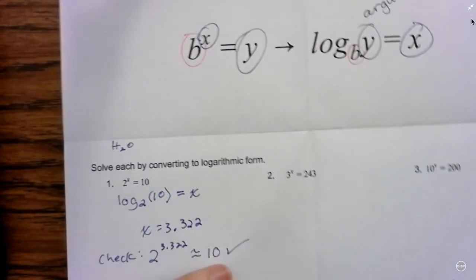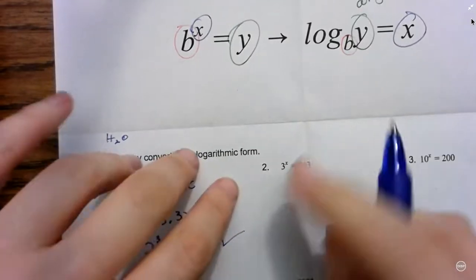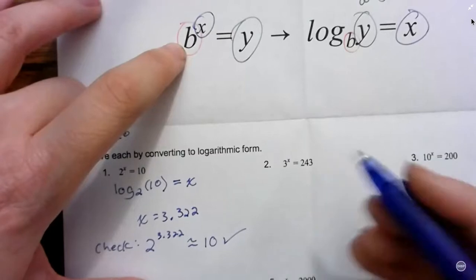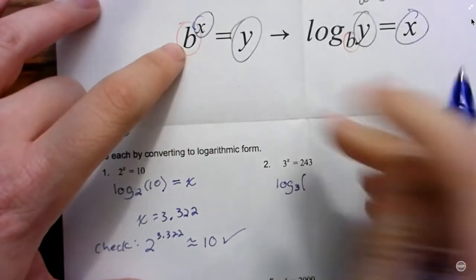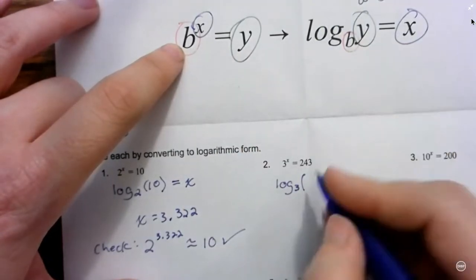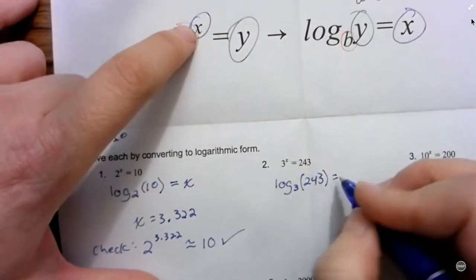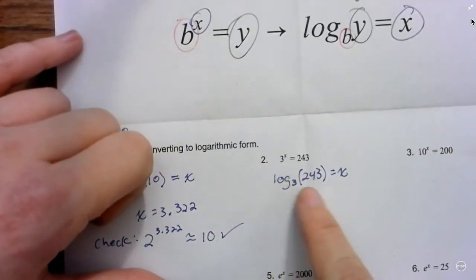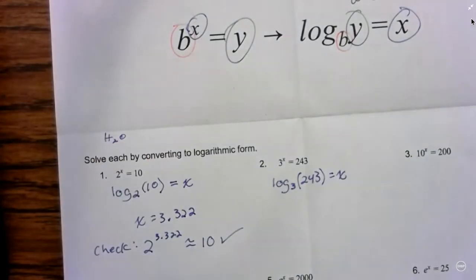3 to the x power equals 243. So I'm going to convert. My base, the 3, becomes the base of my log. So log base 3 of, the product becomes the argument of the log, 243, equals, and the exponent becomes the right-hand side of your equation. So log base 3 of 243 equals x. That's going to tell me what exponent I need.